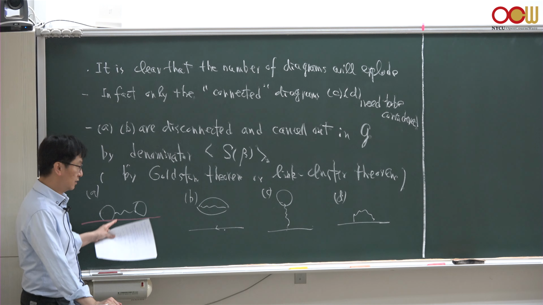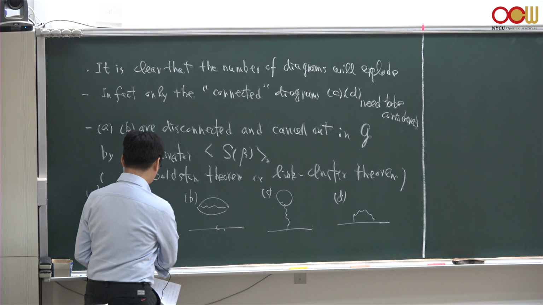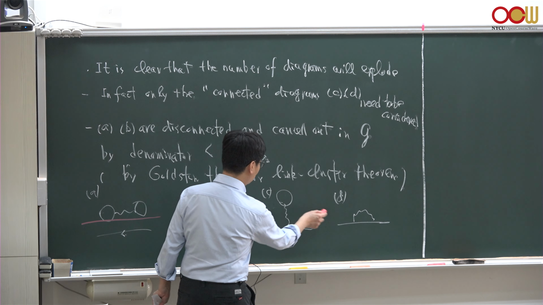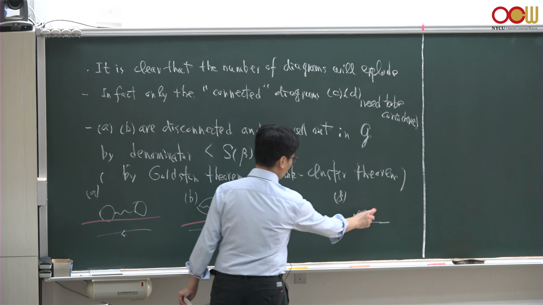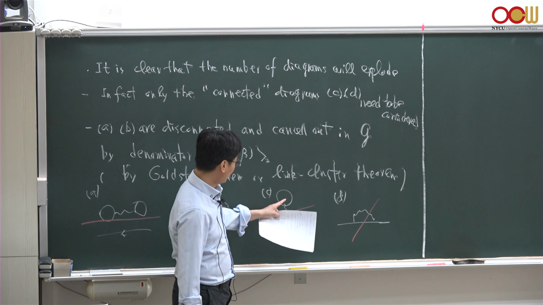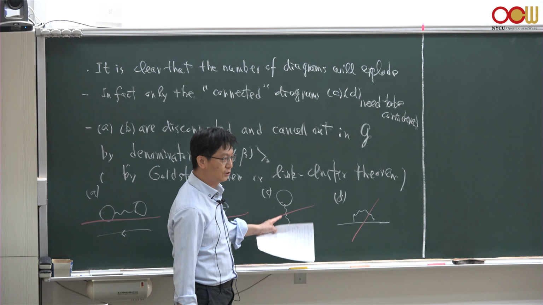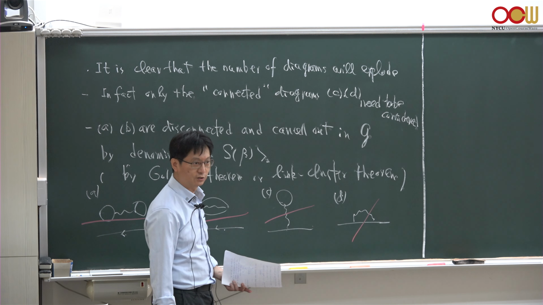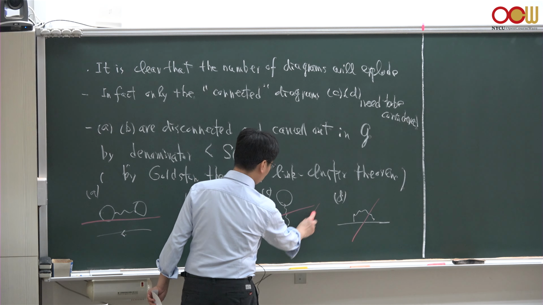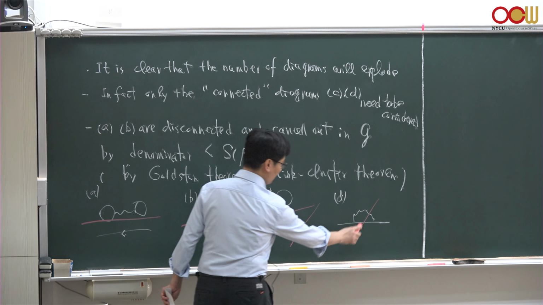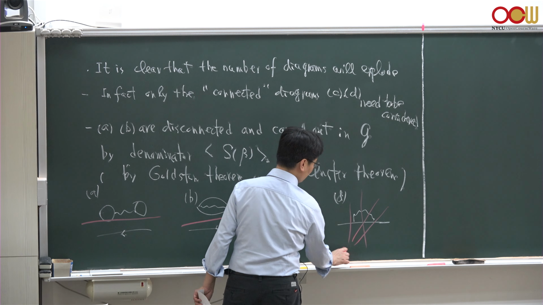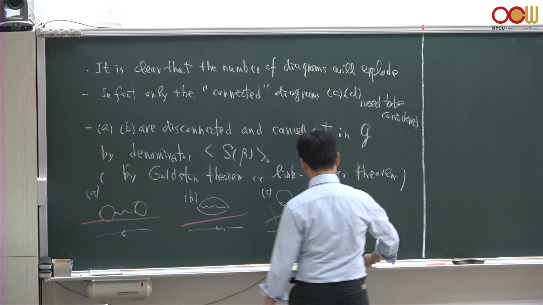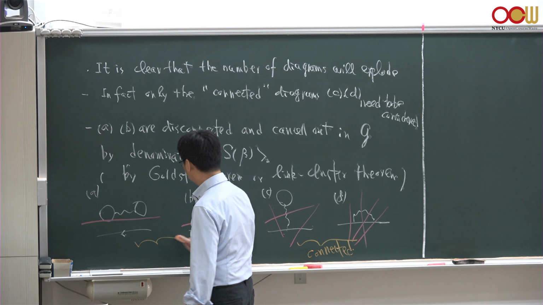But if you do the same thing for C and D, you get a meaningless diagram, because they are connected already. You cannot disconnect the diagram by simply cutting from any angle. So C and D are called connected diagrams, and A and B are called disconnected diagrams.